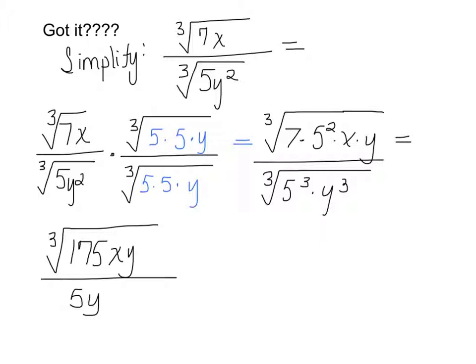Okay, and whatever you do to the bottom, you have to do to the top. And so in the numerator, I had 7 times 25, which is 175, and an x and a y. Then on the bottom, my 5's, I had 3 5's, so I made a group of 5. 3 y's, so I made one group of y. And then you are done.